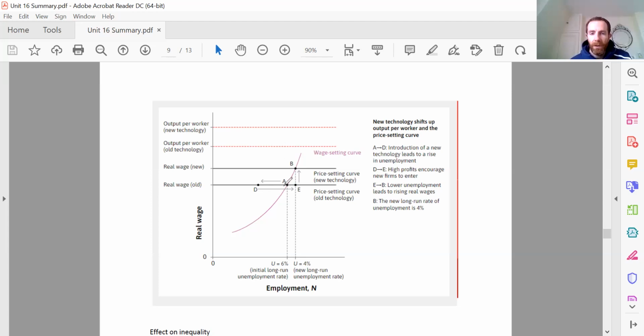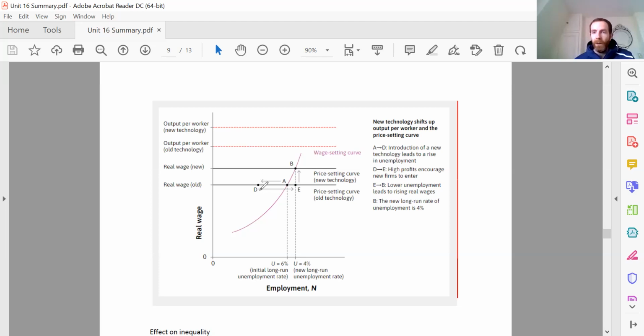So what do the existing firms do? Well, now that they can produce the same level of output as before with fewer workers, they fire some of their workers. And we move to the left here, to point D, where there is now a higher level of unemployment.